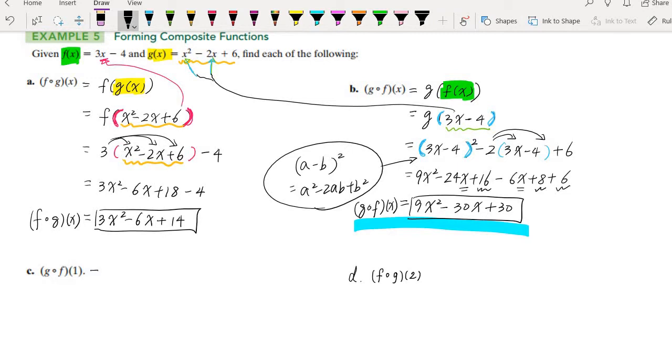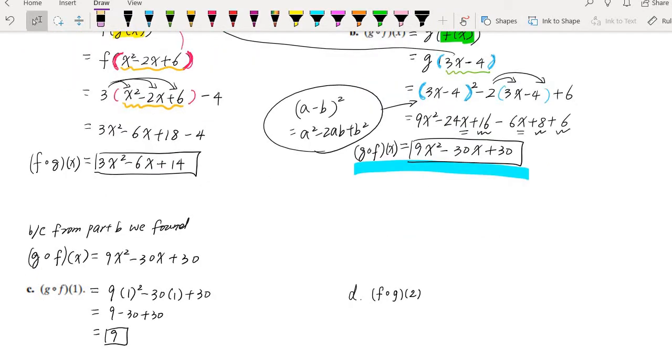That is equivalent to 9 times 1 squared minus 30 times 1 plus 30, which is going to be 9. Basically what we did is substitute for your x. That's how we found 9.